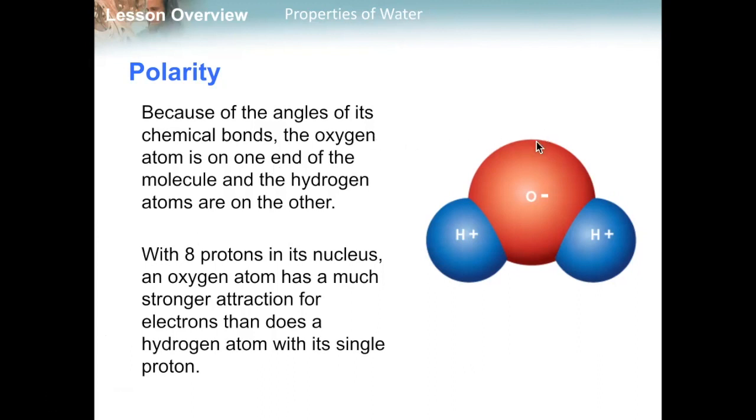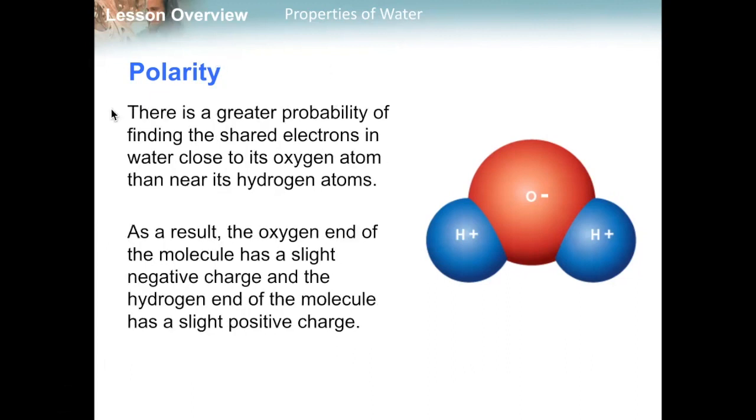In the tetrahedral shape, there'd be 2 orbiting electrons here and then 2 in the back as a tetrahedral 3D shape. There is a greater probability of finding the shared electrons in the water close to its oxygen atom than near the hydrogen atom. As a result, the oxygen end of the molecule has a slightly negative charge, and the hydrogen end of the molecule has a slightly positive charge.